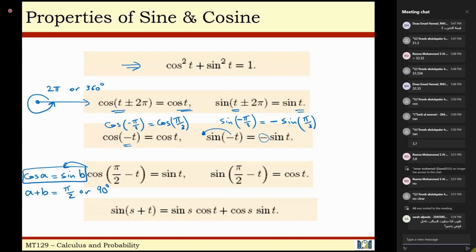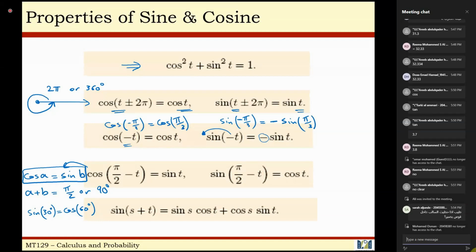For example, sine 30 degrees equals cosine 60 degrees. Why? Because 30 plus 60 equals 90. So sine 30 equals cosine 60, or sine 60 equals cosine 30.